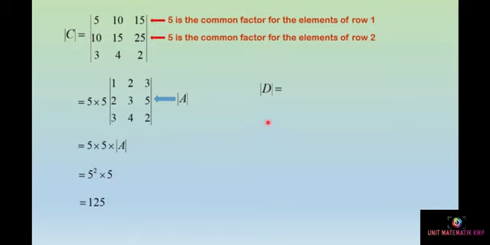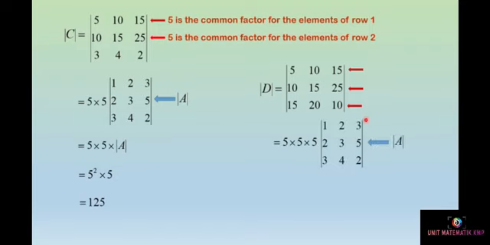Last, find determinant D. First write D in determinant form. Look at row 1, row 2 and row 3. We can see that 5 is the common factor for the elements of row 1, row 2 and row 3.